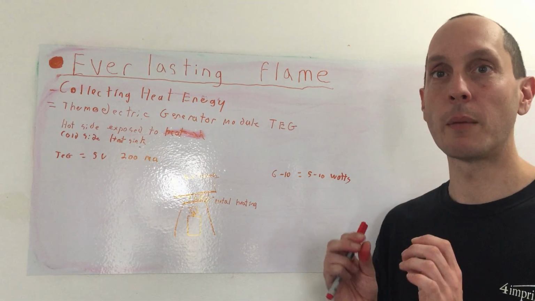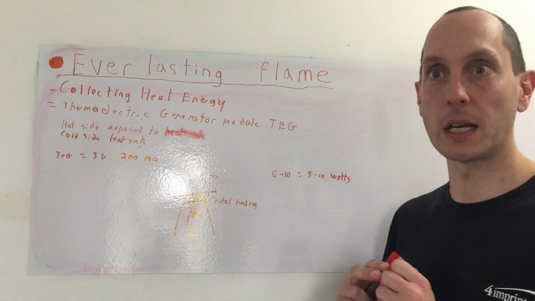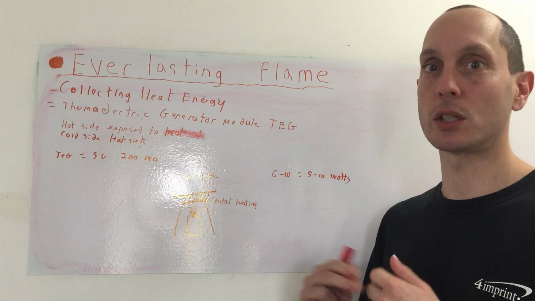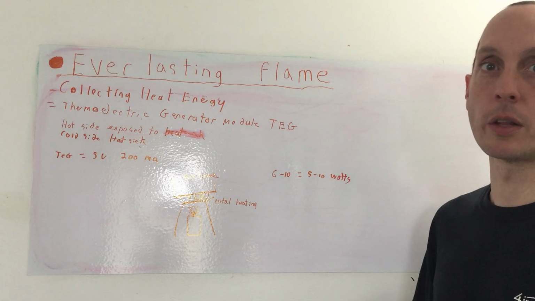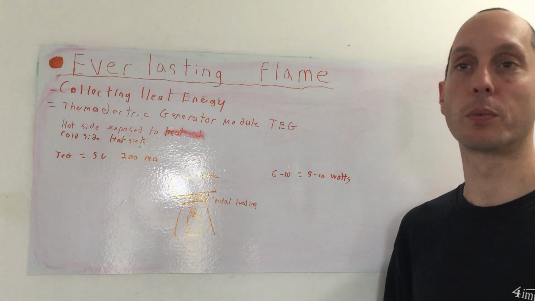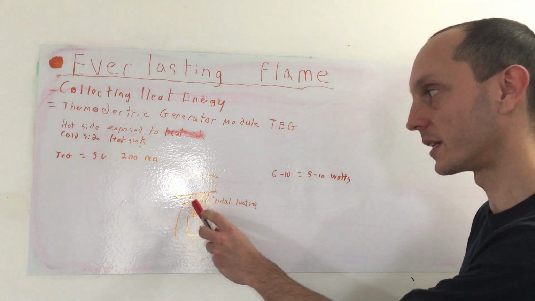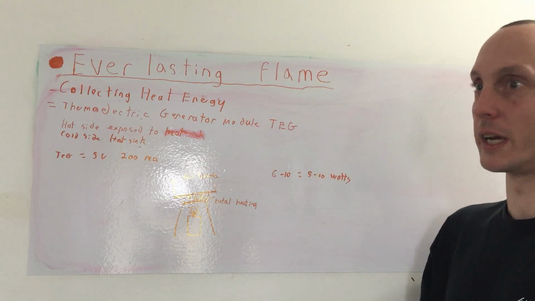However, if I'm a factory, I have a setup and I've got access to wholesale, I did some calculations. All of a sudden, the price drops to $6 to produce one of these setups. That's with the TEG and everything built into it, ready to go.